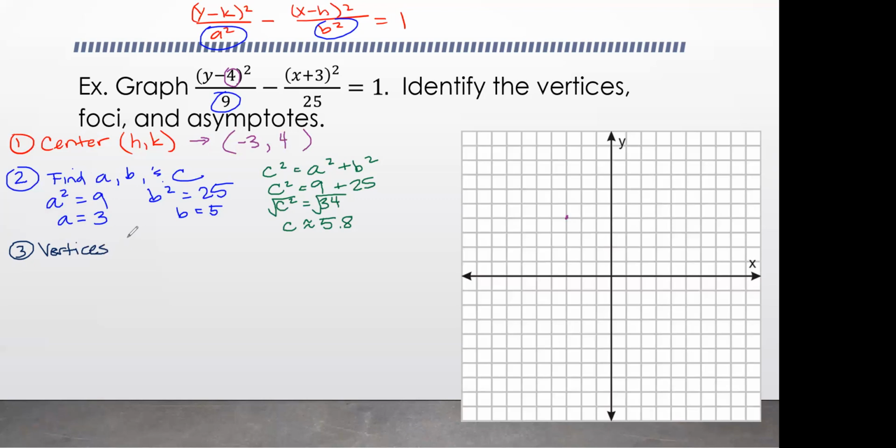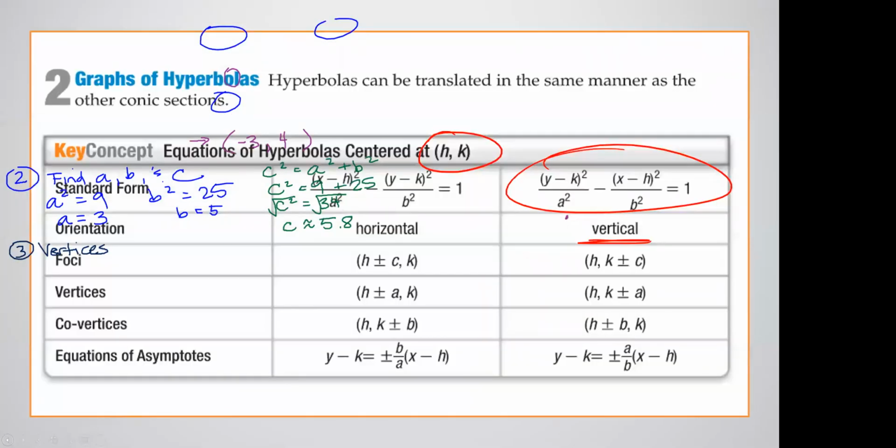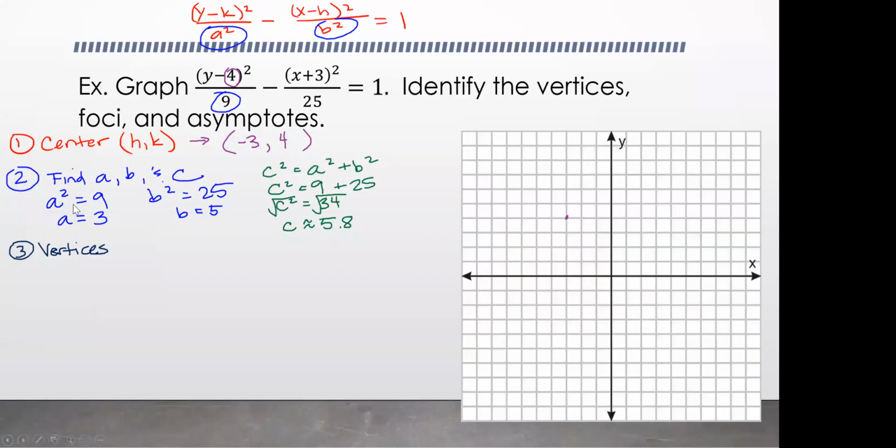So my vertices, I'll start with that. Since this is a vertical hyperbola, if you look back here, the vertices, since it's vertical, we're using h, comma, k plus or minus a. I'll write it over here.